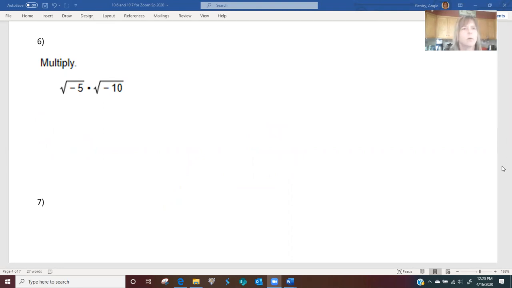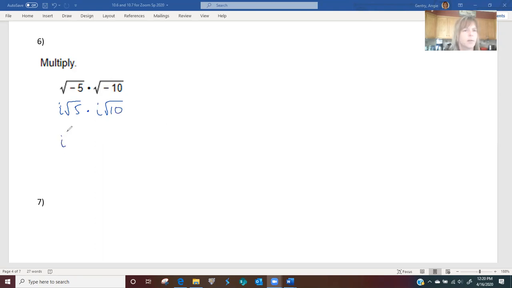Here's the thing. You have to be careful when you're dealing with imaginaries, because if you just went under, you would have a negative times a negative is positive. And then you're actually ignoring the fact that you have to deal with imaginary numbers. These are both, you can't just make them real. So the first thing you do is call this i square root of 5, i square root of 10.